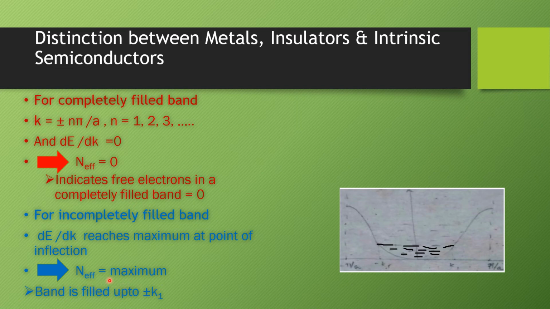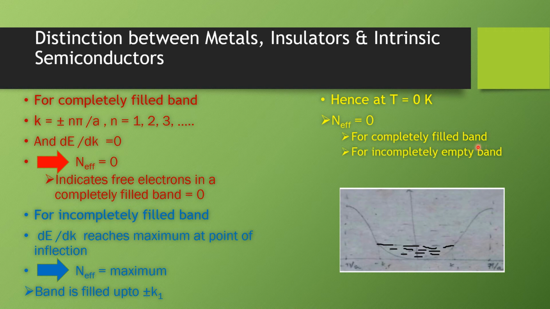So the band here is filled only up to plus minus K1. Hence, at T equal to 0 Kelvin, N effective will be 0 for two cases: one is for a completely filled band, as well as for a completely empty band.